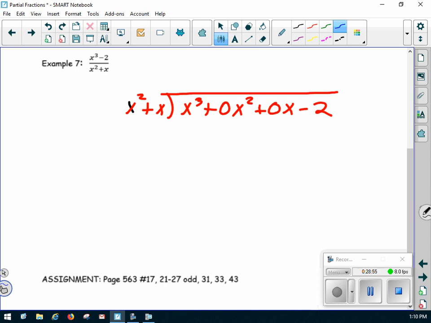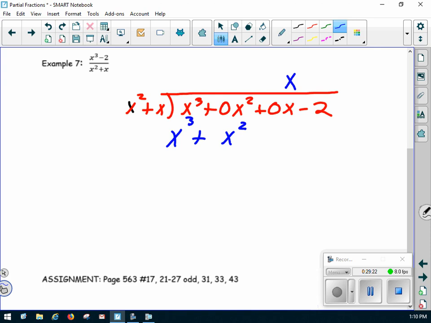X cubed divided by x squared. X. What do I do with it? Multiply, good. X times x squared plus x. Yep, change the signs.